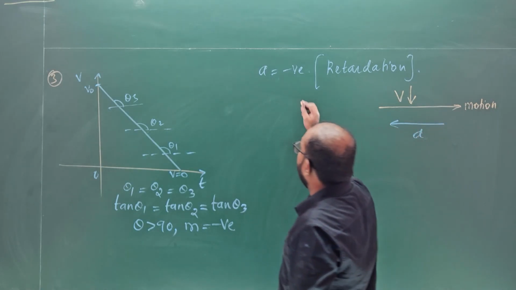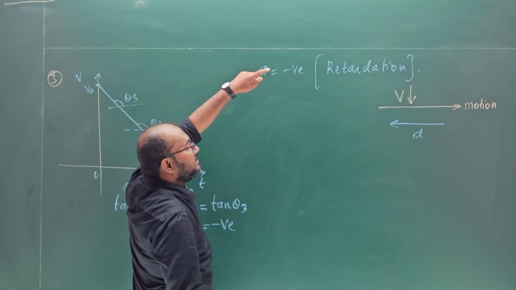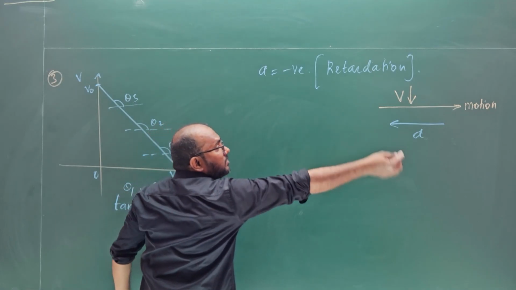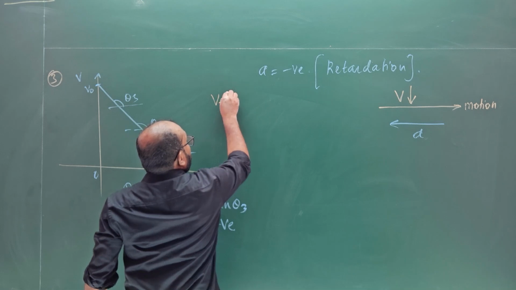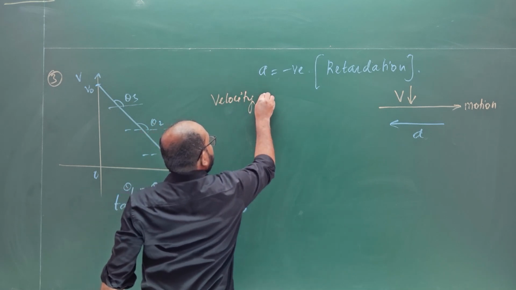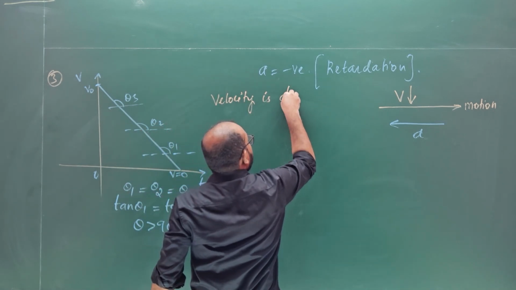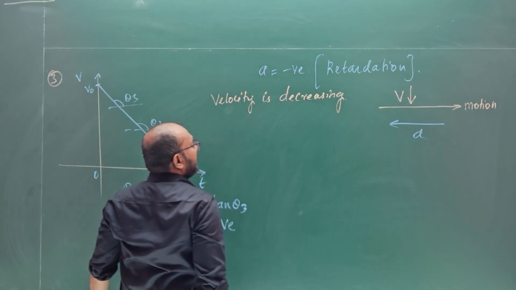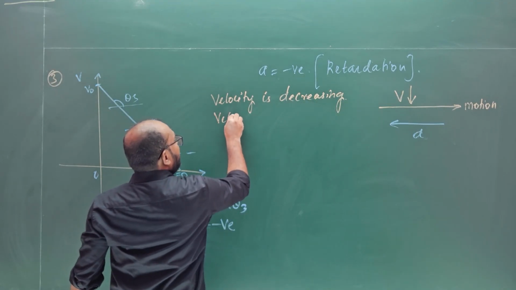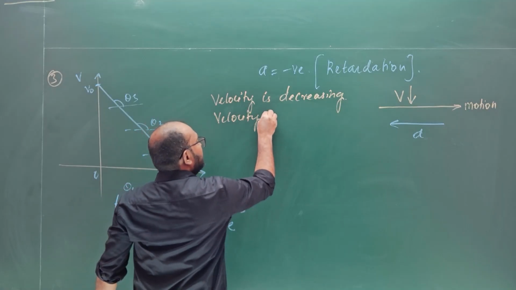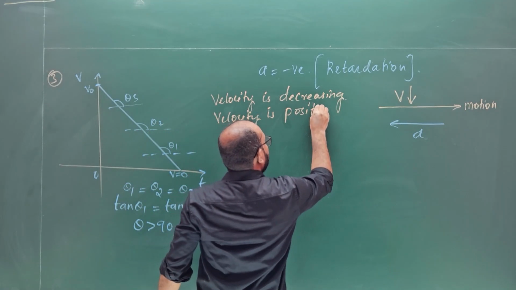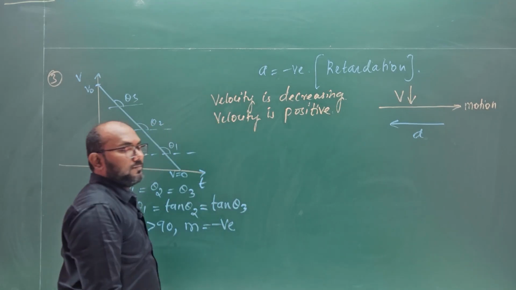So can I say that acceleration is negative and it is retardation? Where is the direction of velocity? Direction of velocity is towards the positive side. So velocity is decreasing. Velocity is positive.